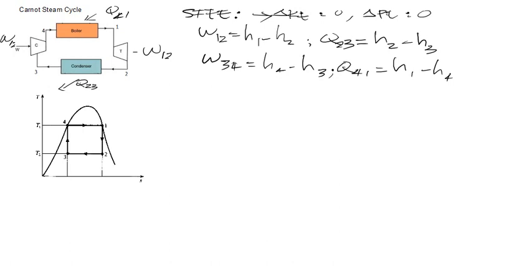And as far as the thermal efficiency for this Carnot cycle is concerned, we are going to look at the general equation, which is the W net divided by the Q in.